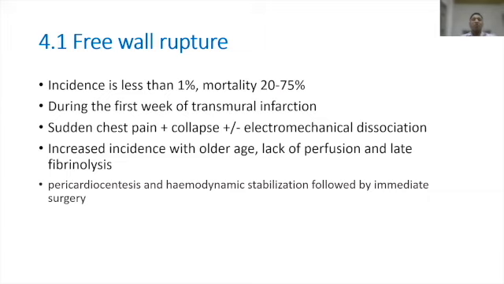If you take free-wall rupture, the incidence is less than 1%, but mortality is around 20 to 75%. Usually it happens in the first week of transmural infarction. So chest pain, collapse, plus or minus electromechanical dissociation. This is how the patient will come.